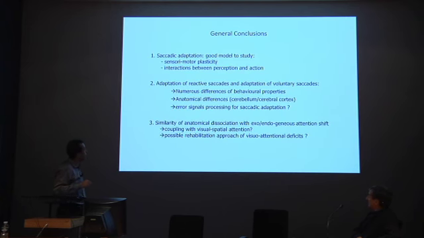So this indirectly suggests that there could be some coupling of this motor plasticity process, saccadic adaptation, with visuospatial attention. And we are trying to answer this question now. In this case, it would be very interesting to see whether this coupling could be used in patients in order to propose new rehabilitation tools for visual attention deficits.